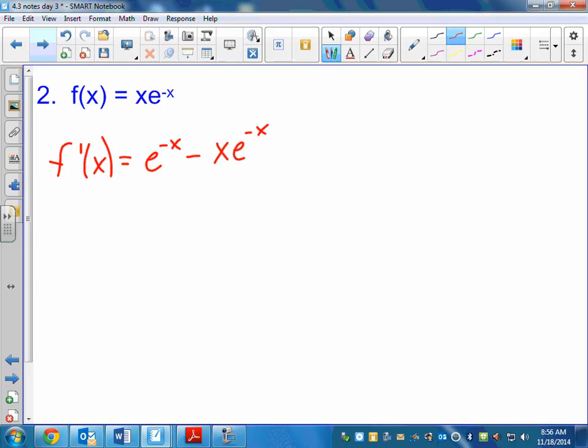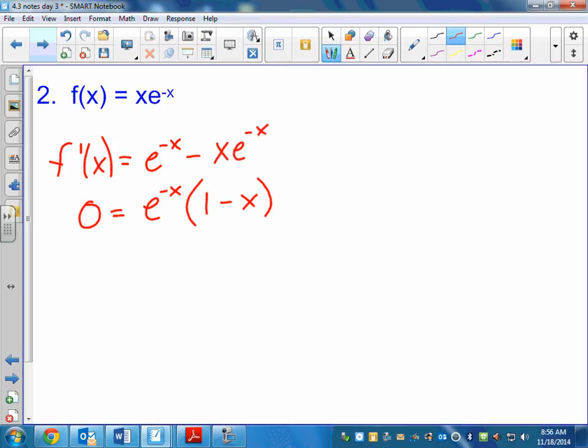And again, we could go ahead and find the second derivative, but for me, if I'm finding local extreme points, once I find the derivative, I'm going to go ahead and find my critical points, and then we can do the second derivative. So just like the one that we just did on the board, even though there's an e in here, if I'm trying to set this equal to 0, I can factor that e to the negative x out, and I'm left with 1 minus x.